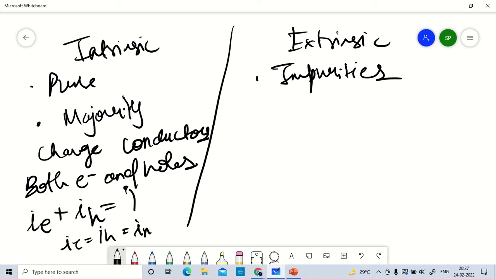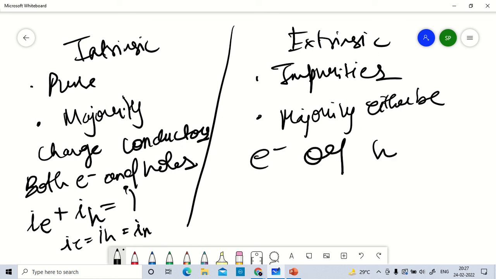Whereas over here, the majority is different, as we will read ahead. It can be either electrons or holes, not both of them. For p-type it's holes, for n-type it's electrons.